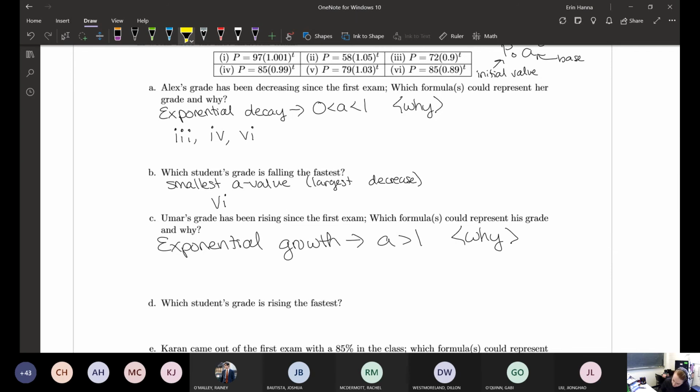Which of these values have an a greater than 1? Option 1, option 2, and option 5. Essentially all the options we haven't already talked about. So option 1, option 2, and option 5 all have an a value greater than 1, so they represent exponential growth. That would mean that the value is rising over time.